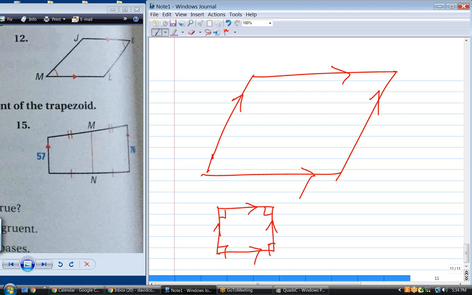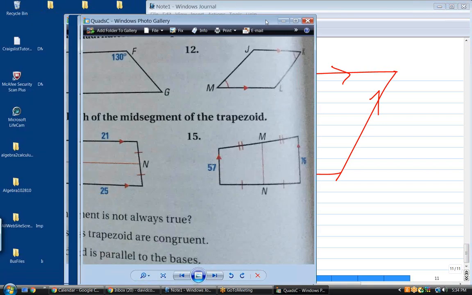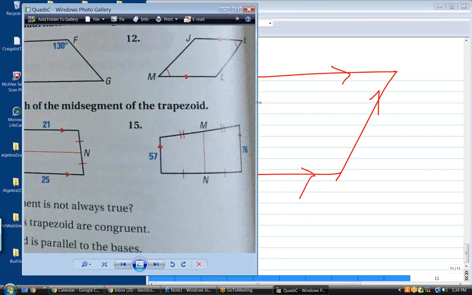So it's proper to say that a square is a rectangle. But it is not proper to say that a parallelogram is a trapezoid. If you have two pairs of opposite parallel sides, it's not called a trapezoid. It's called a parallelogram.